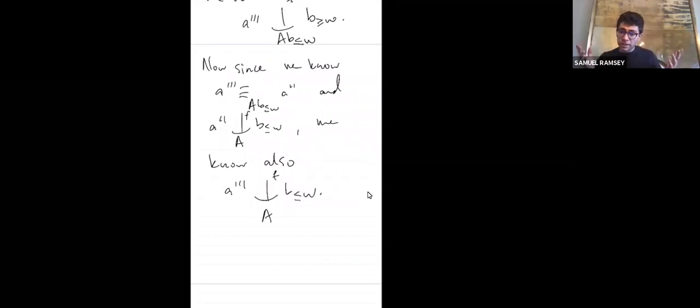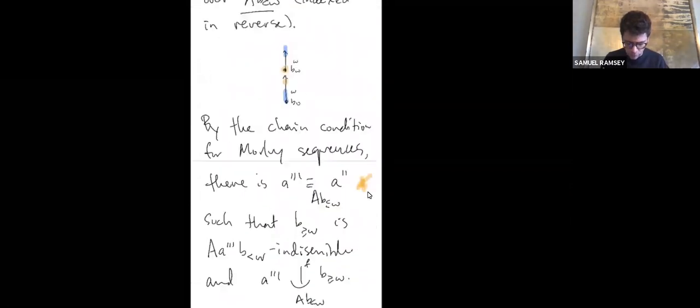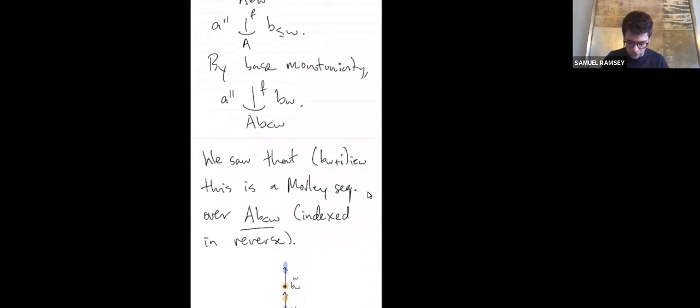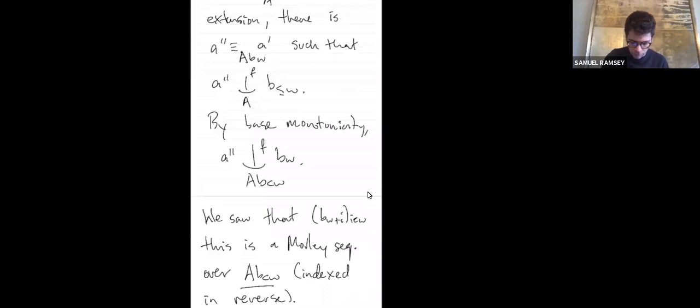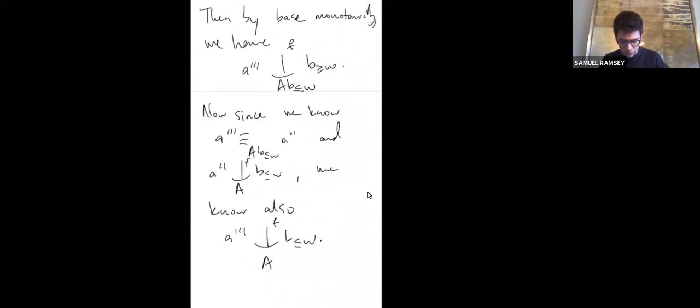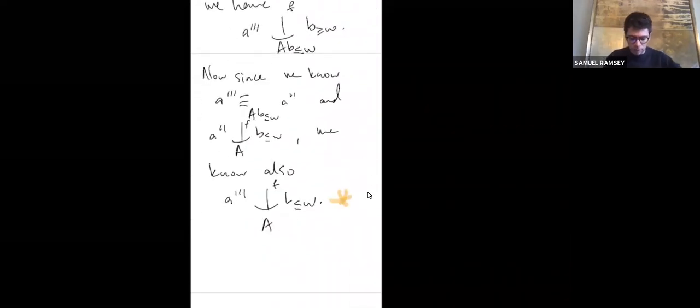So how did we pick A double prime? We picked A double prime to be independent over A with B less than or equal to omega. That is what we have here. So this was how we chose A double prime, so it was independent with B less than or equal to omega. Because we preserve the type, we also have that here.